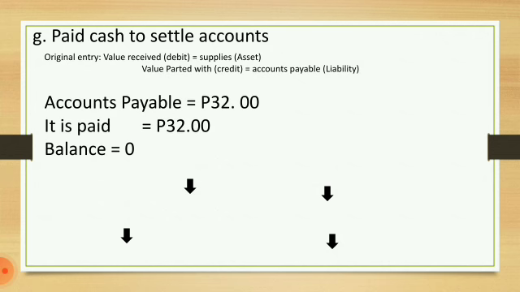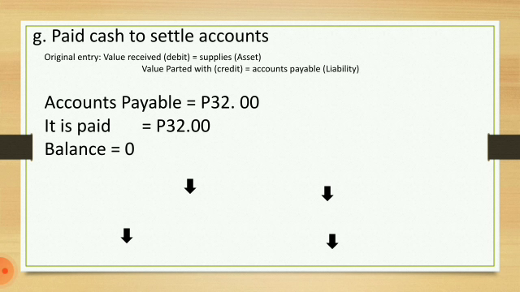Now, what are affected when you paid cash to settle your payable, your settle accounts? So going back, supposedly you had 40 pesos debt, but you returned 2 sachets of shampoo. Probably it's defective, that's why you returned it. So that's 40 pesos minus 8 pesos, so that's 32 pesos.